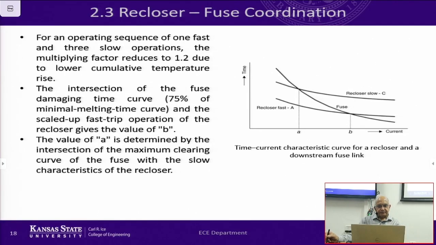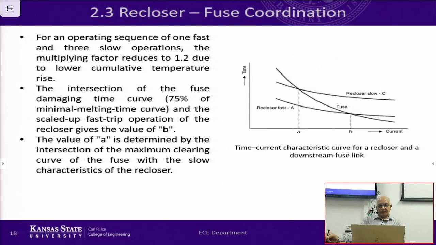Now, similarly, for the fuse, the multiplying factor, if you have one fast instead of two fast, we can use a different one, 1.2, as a K factor. So depending on, again, the operating sequence, you have to use the K factor that the manufacturer is providing.